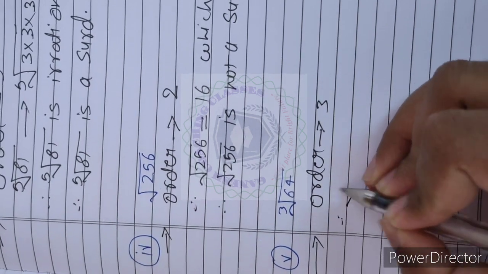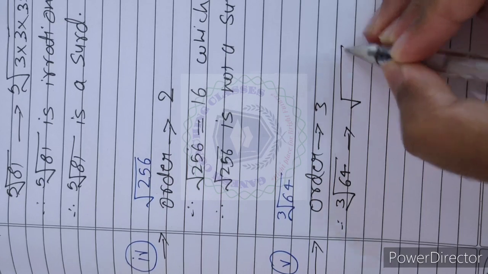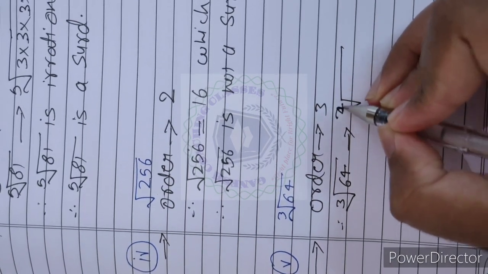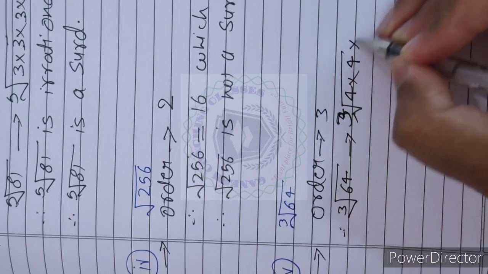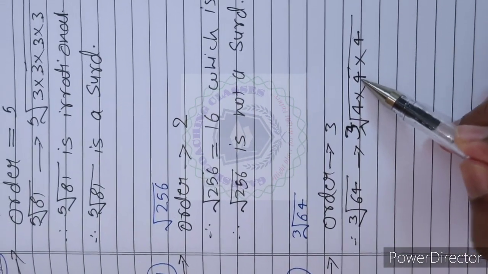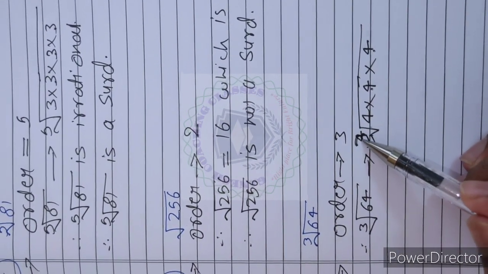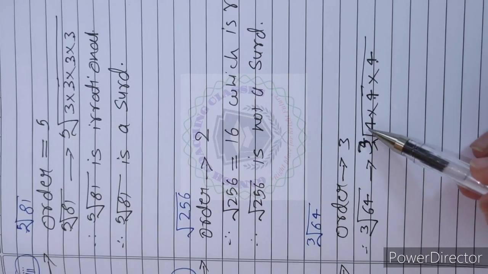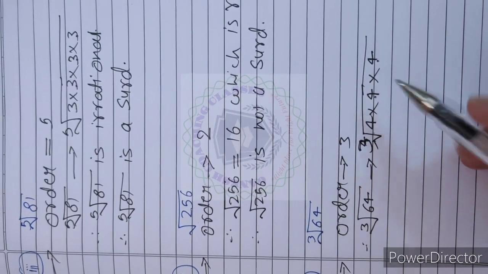So here the cube root of 64 can be written as the cube root of 4 into 4 into 4. 4 4s are 16 and 16 4s are 64. So here the order is 3, meaning these 3 fours we will write as one.